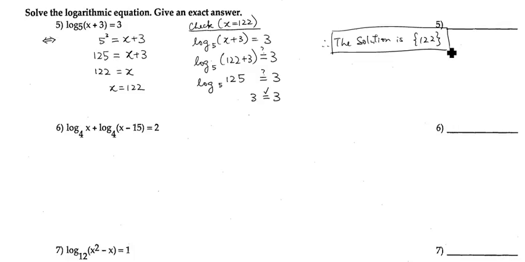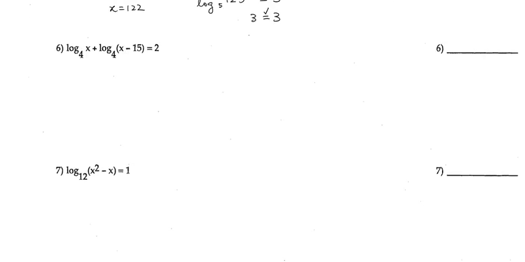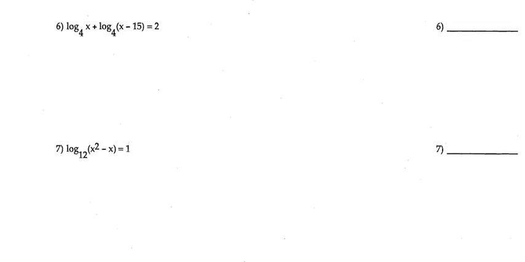Number 6 is a little bit more complicated. We have 2 logs on the left-hand side, but can we combine them into one? Yes. Log of x times x minus 15 with the base 4 is equal to 2.